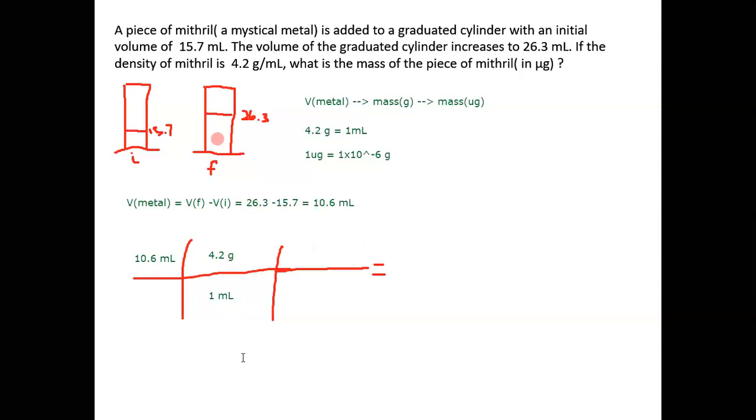Next, we want to convert grams to micrograms. So in our conversion factor of micrograms to grams, gram goes on the bottom, microgram goes on top. Now we multiply what's on top, we divide by what's on the bottom.